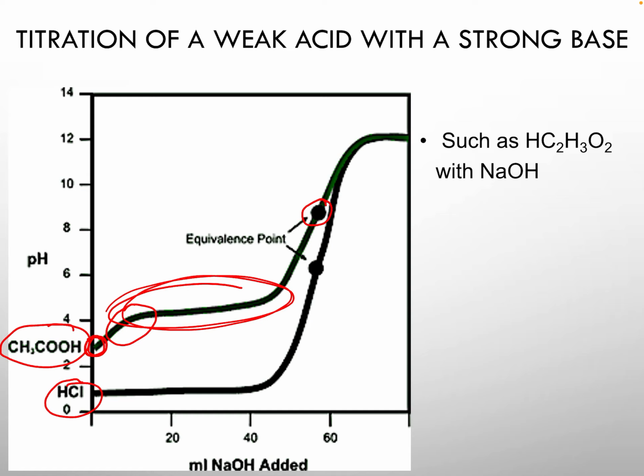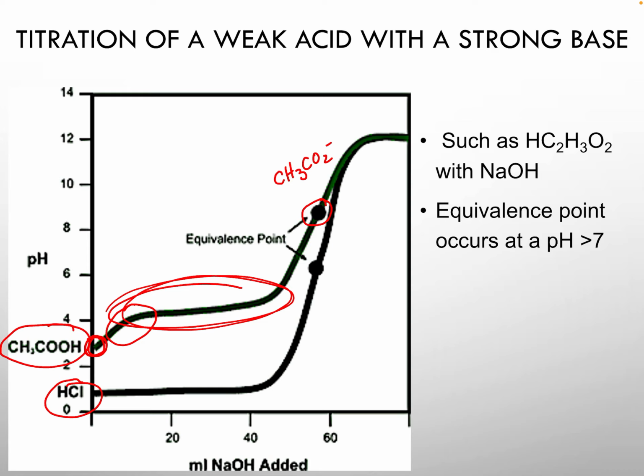When we did a strong acid with a strong base, the equivalence point was at 7 because it was a neutralization reaction and it resulted in water and a salt that had no acidic or basic properties. Well, now when we titrate this weak acid with a strong base, we're actually going to end up with the conjugate base after the reaction. So we produce water and this weak base.